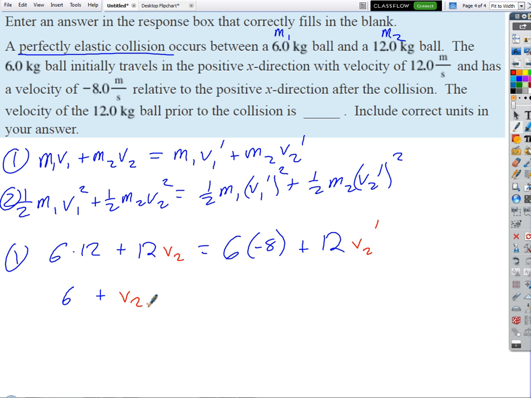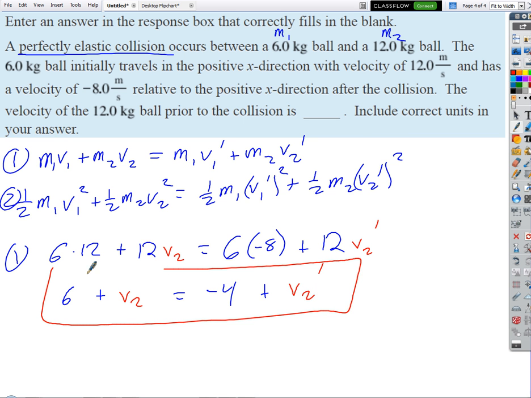Just because I want to make it as small as I can. 6 times -8 is -48, divided by 12 is -4, plus V2 prime. So there's equation 1. We'll put a box around it. How did that help us? We chopped two variables. But now we have equation 2.